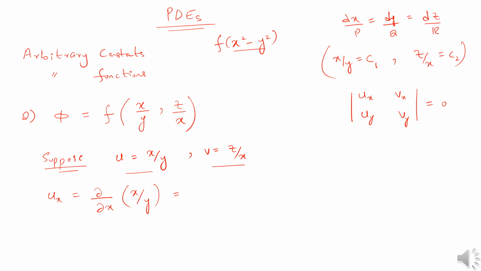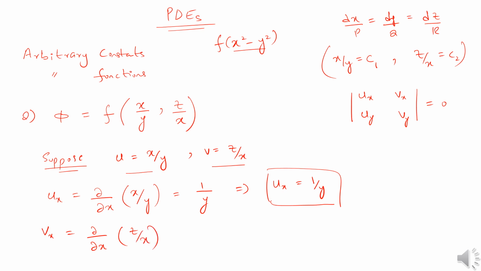So it's partial x over y with respect to x, so it will be 1 over y. This implies that ux equals 1 over y. We can box this, and now we will find vx.